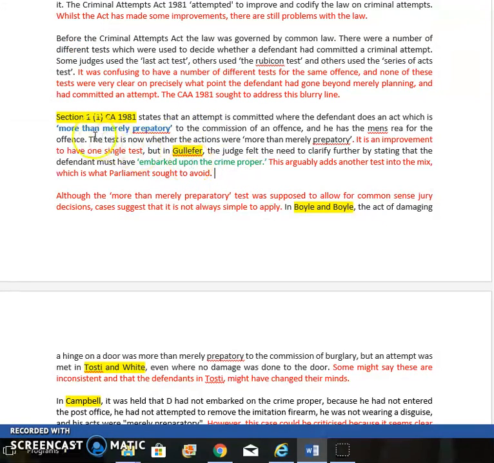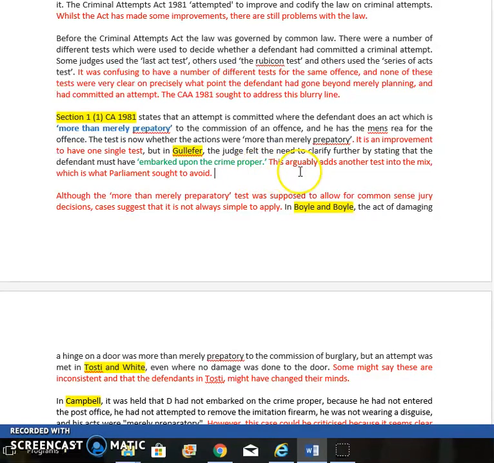The judge said that more than merely preparatory means the defendant must have embarked upon the crime proper. They must have actually started the crime that they're being charged with. And in Gulliver, they said, well, he hasn't started the offence of theft because he's not gone to go and appropriate the property yet, the money.